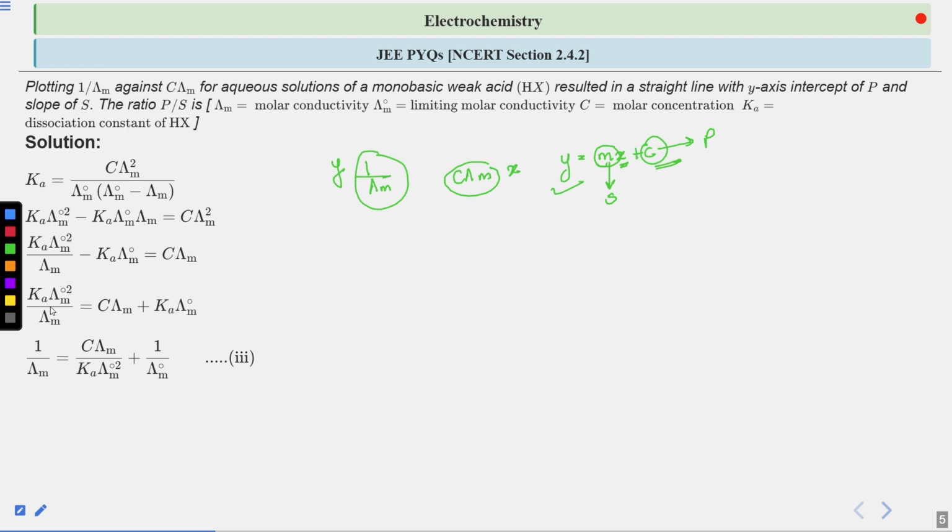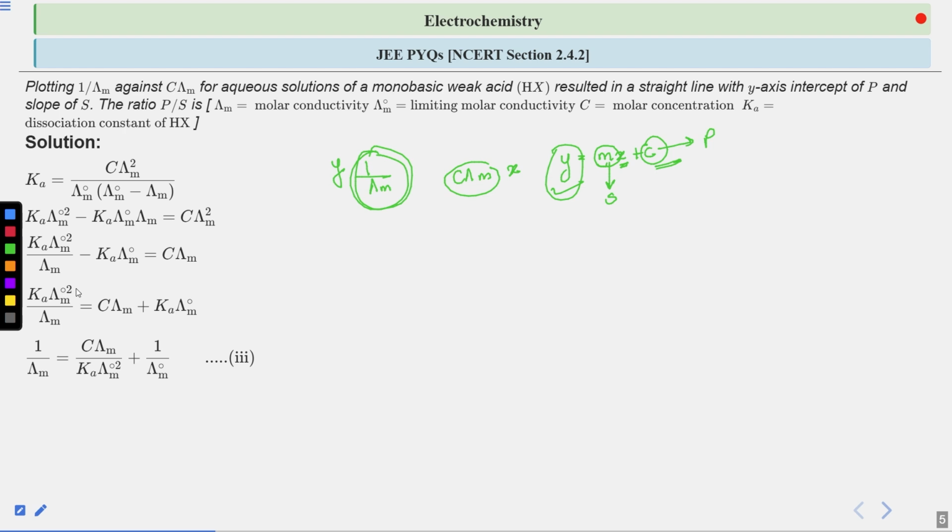So at the left hand side we should have y. That means we should have 1 by lambda m. So we only take 1 by lambda m from this Ka lambda m naught square by lambda m, and the rest of the things will go to the right hand side.